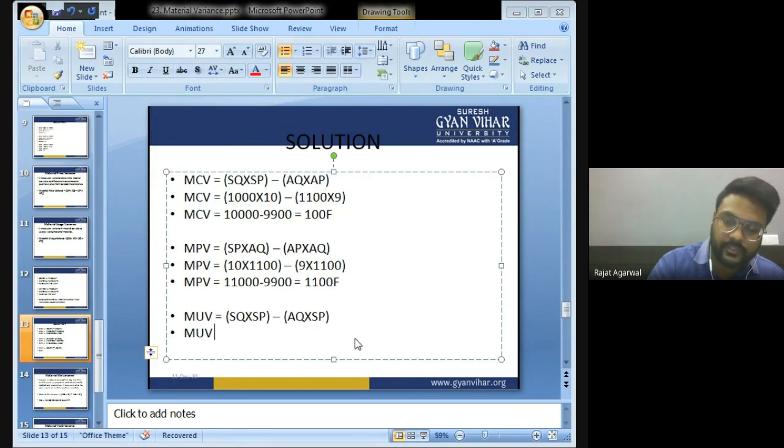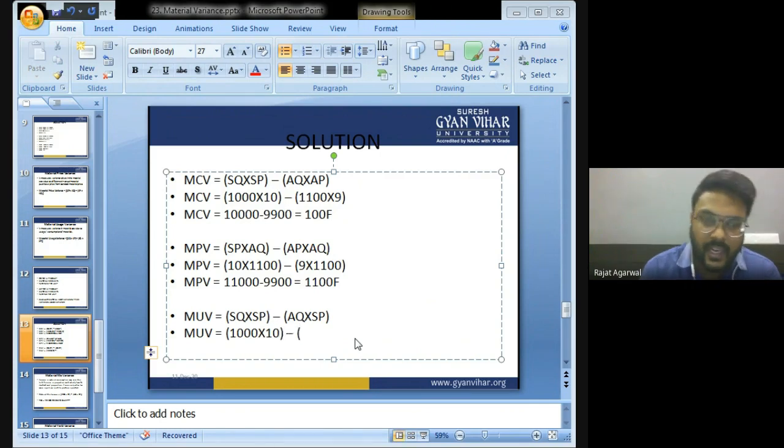Material usage variance: standard quantity is 1000, standard price is 10. Actual quantity is 1100, and the price is the standard price, 10.